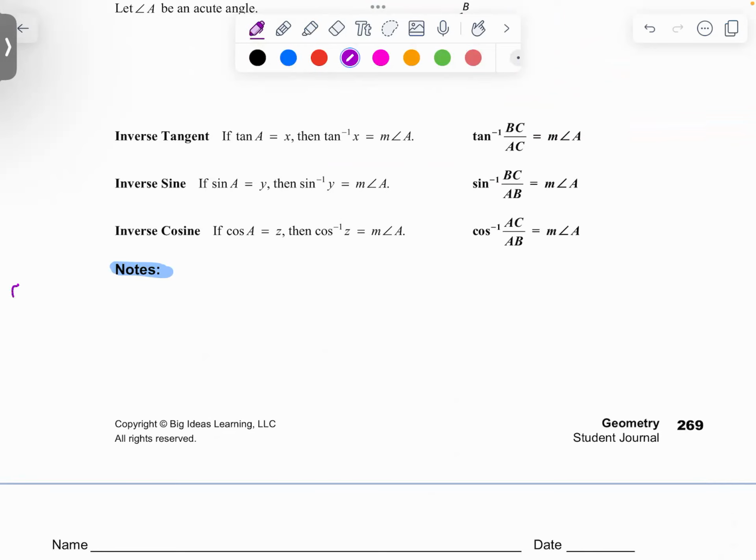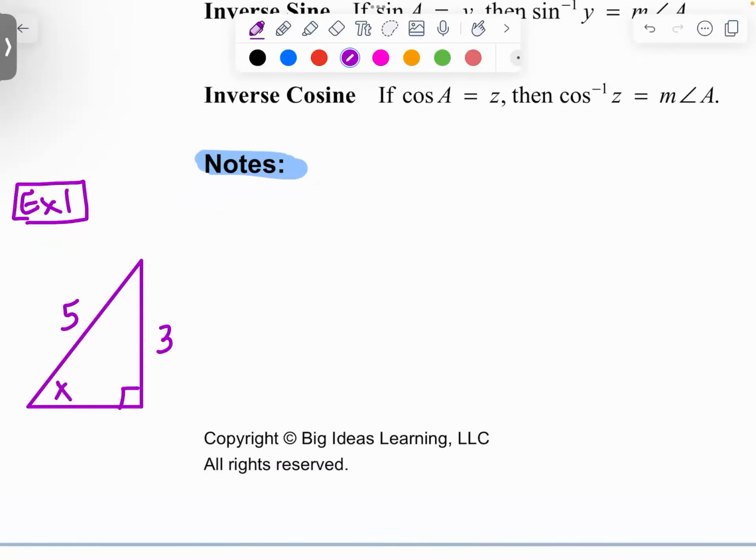So here's example number 1. We're going to have to draw 3 triangles in this little notes area.